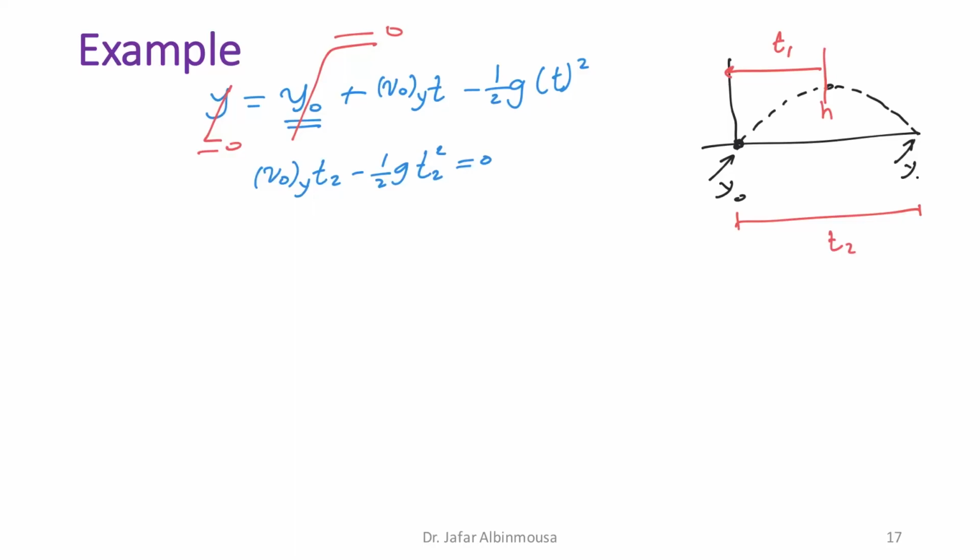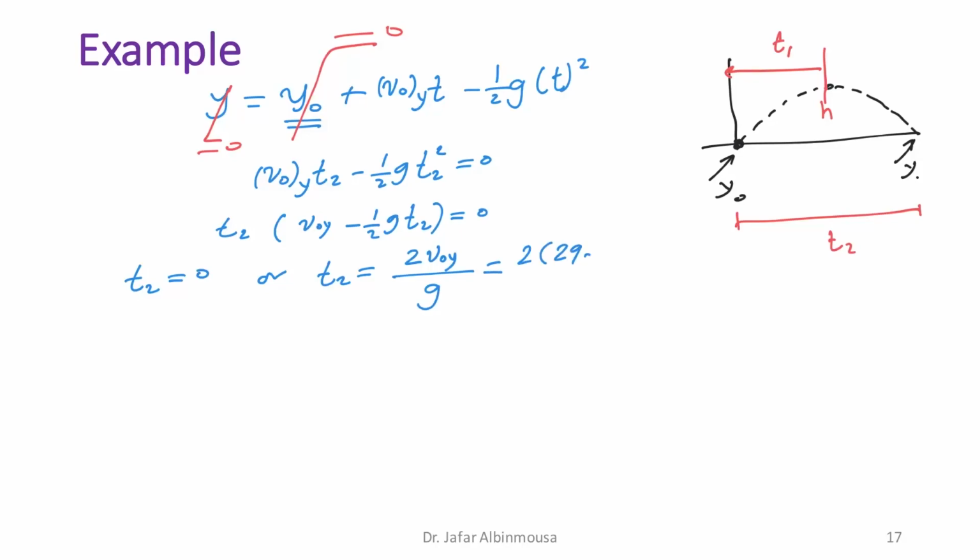So if we take T as a common factor, we will have T2 multiplied by V0y minus half G T2, which is equal to 0. So we get the trivial solution, T2 equals 0, or T2, which is equal to 2V0y divided by G. If we substitute this, which is 2 multiplied by 29.6 divided by 9.81, we will get 6.04 seconds.